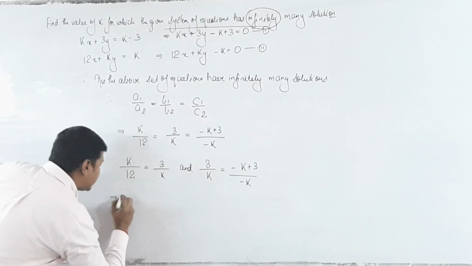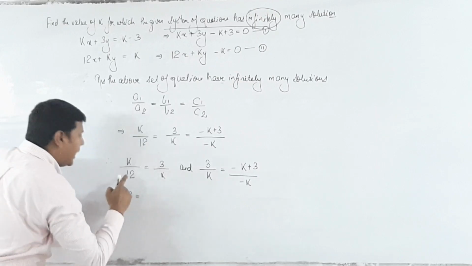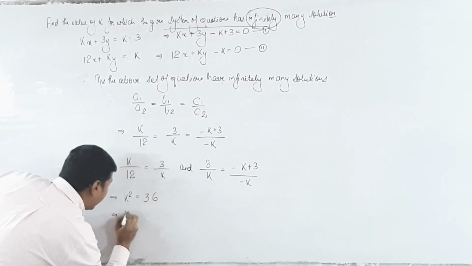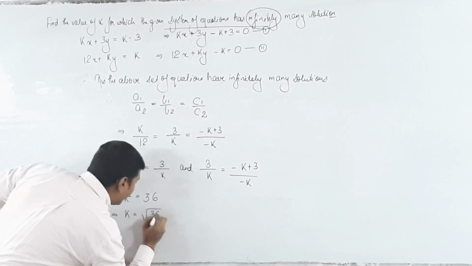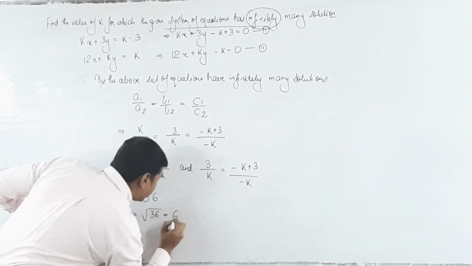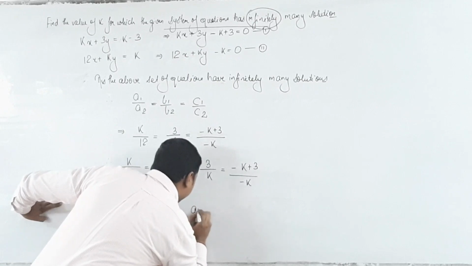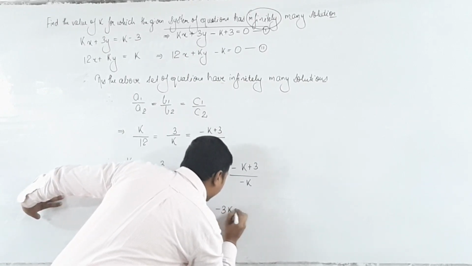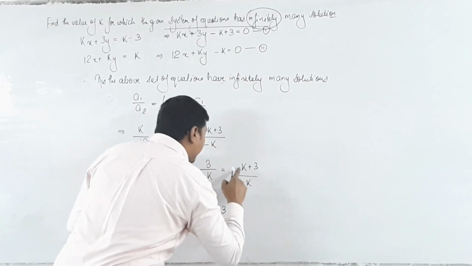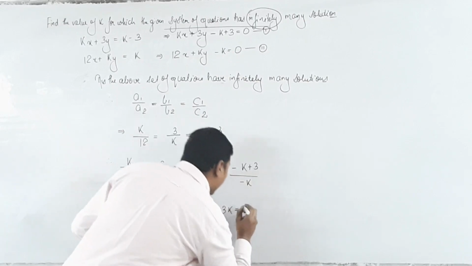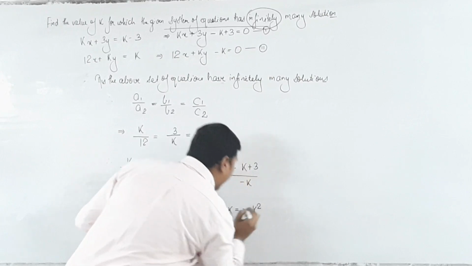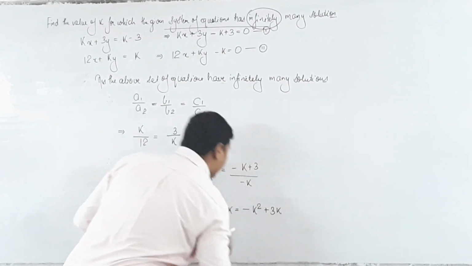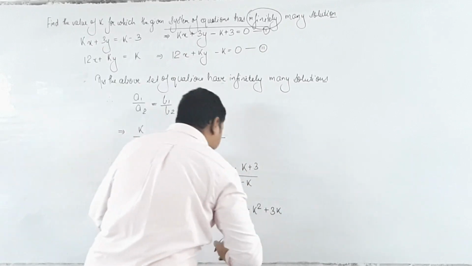So k into k, it's k square, and 12 into 3, it's 36. So k is equal to square root of 36, that's 6. And 3 into minus k, it's minus 3k, and k into minus (k plus 3) would be equal to minus k square and minus 3k.